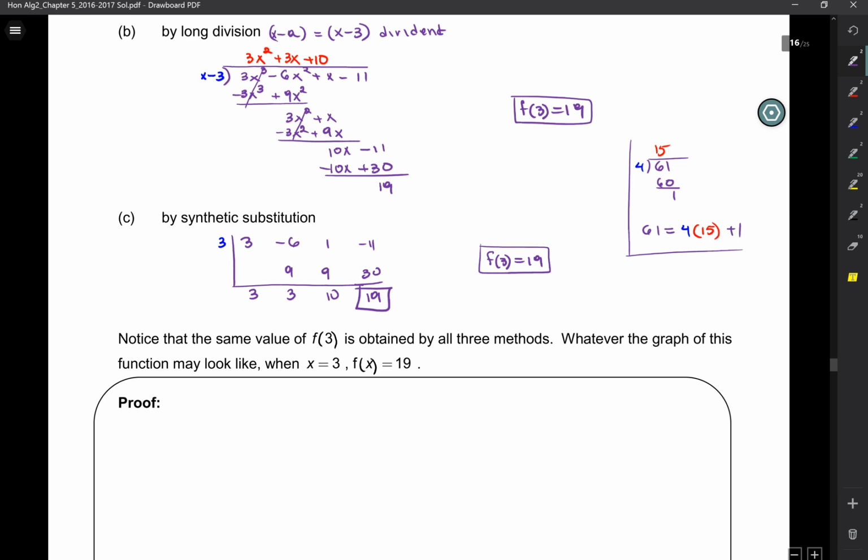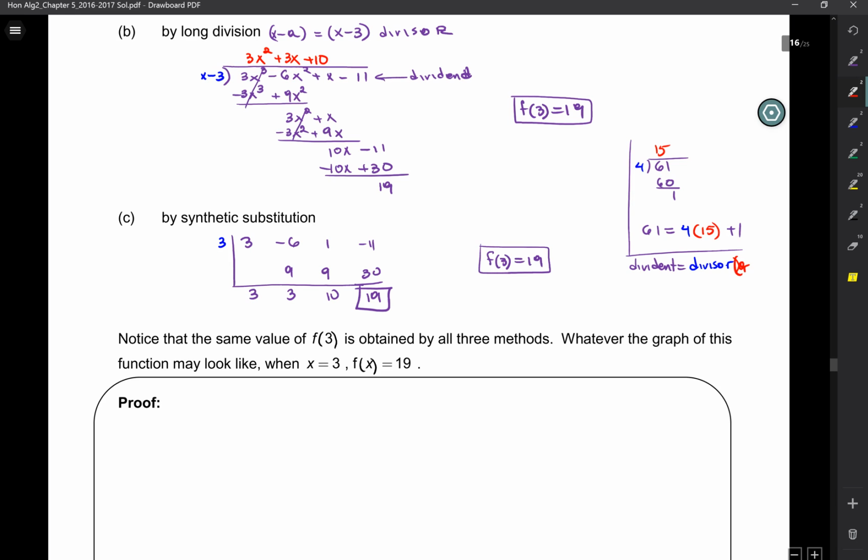So 61 is equal to the 4. What's the 4? I'm sorry, this is the divisor. This is the dividend. So my dividend is equal to the divisor times, what's the 15 called?